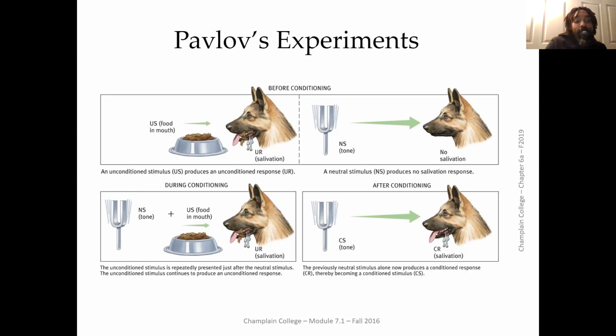The dog started to make the association of that sequence: that the tone of the tuning fork, which came first, was always followed in sequence by the food. So now he made that association together, and the conditioned response is that he'll now salivate when the conditioned stimulus, the tuning fork or that tone, is rung, or that sound is made, because of that pairing that occurred.